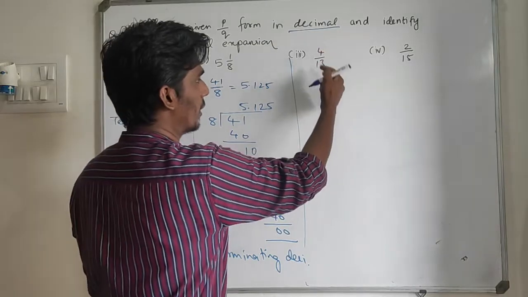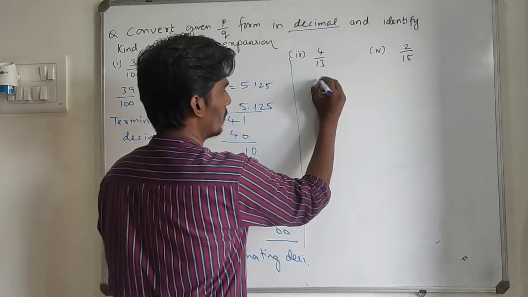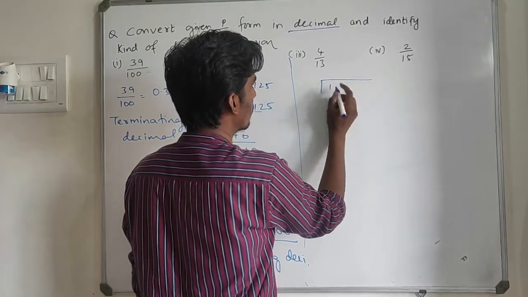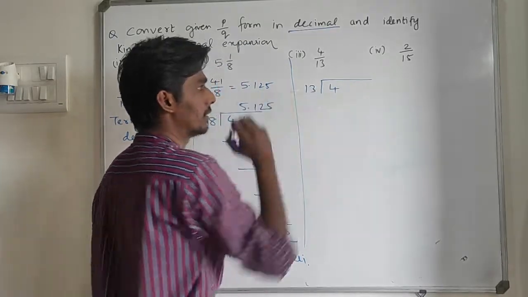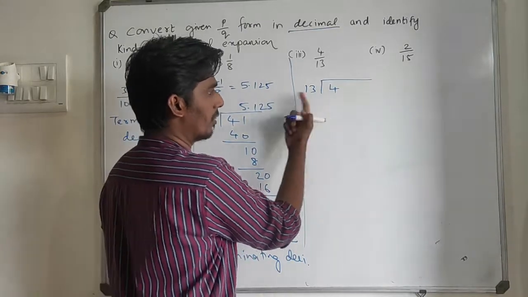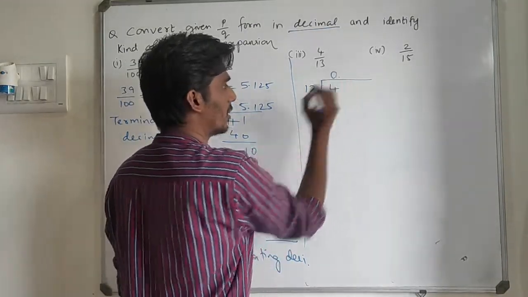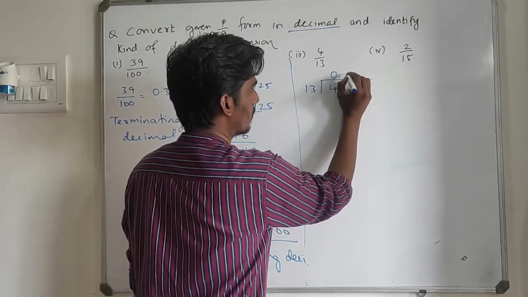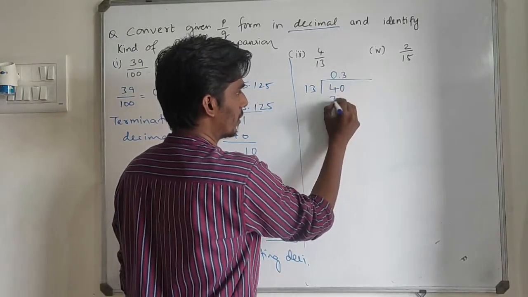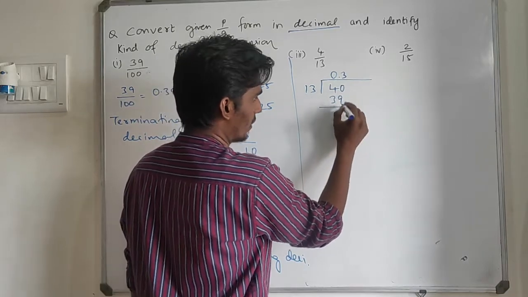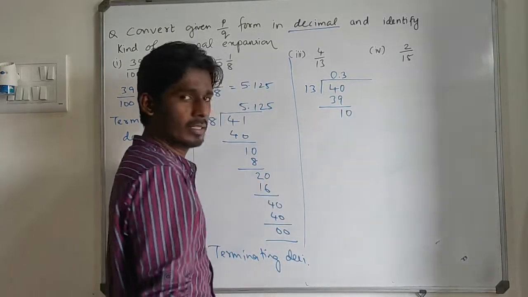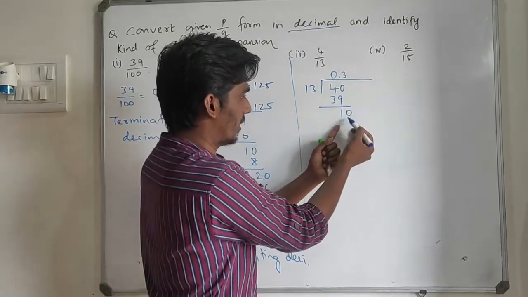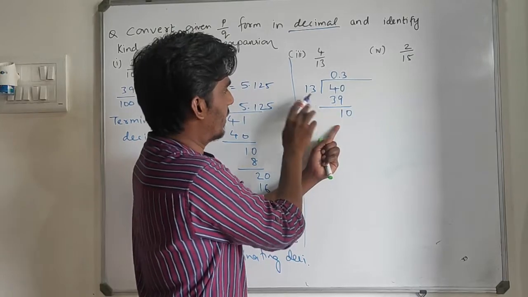Similarly, we will solve the next one, that is 4 divided by 13. Definitely 4 will not come in 13, so we have to take 0 point and make it 40. 13 3s are 39. What is the remainder here? 1. Now it is not possible to get 10 even after taking 0 here, it is not possible to get 10 from 13.